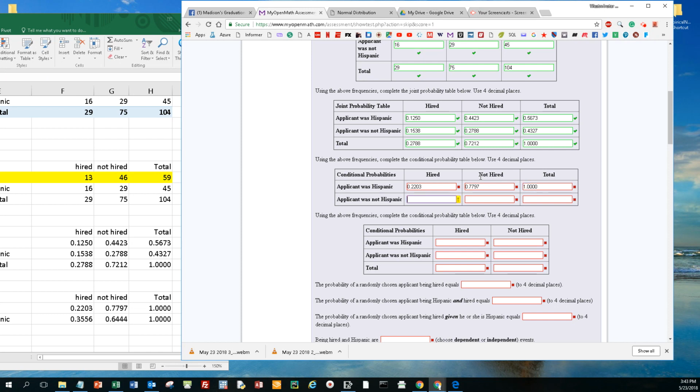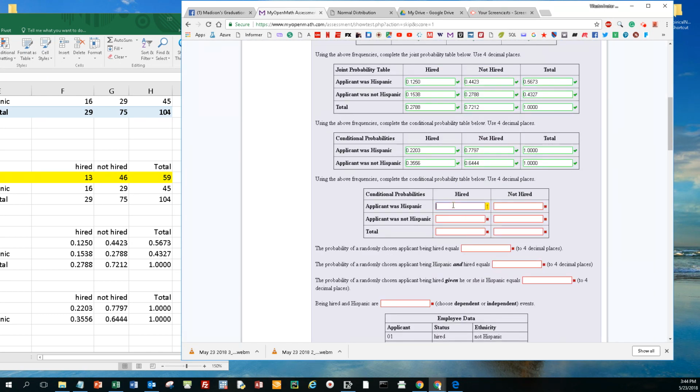Now, the probability an applicant is hired given they're not Hispanic is 0.3556. The probability an applicant is not hired given they're not Hispanic is 0.6444. And those two add up to 1. And we'll just hit enter to see if we got it right.